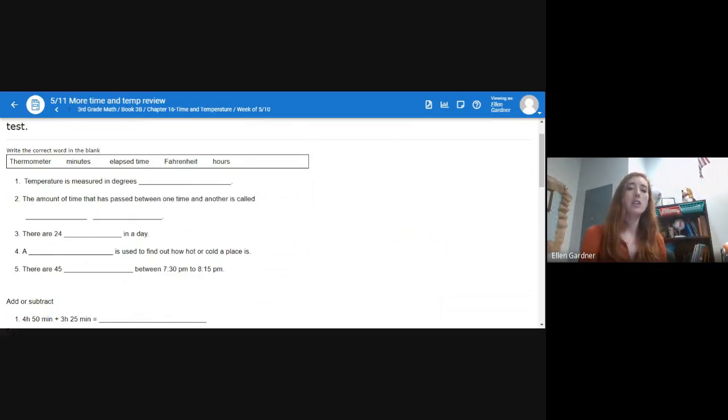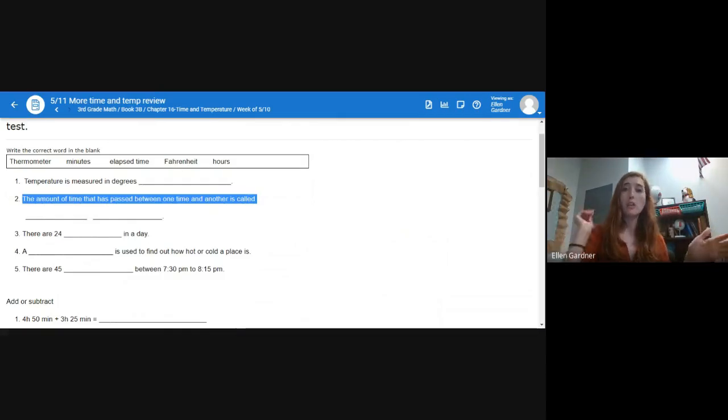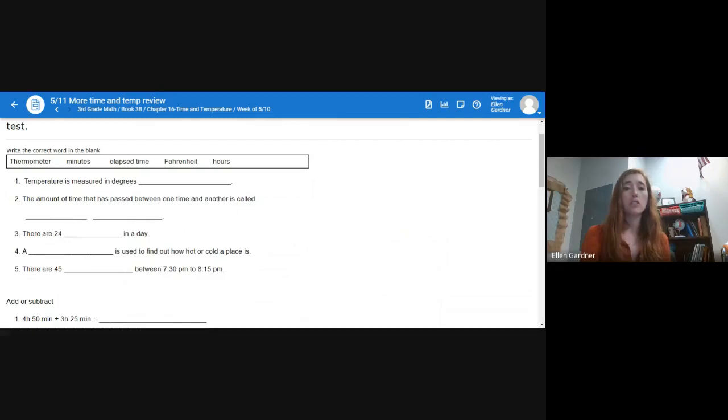Next, it says the amount of time that has passed between one time and another is called elapsed time. That's how much time has passed between 2 endpoints, basically. There are 24 blank in a day. That's right, hours.